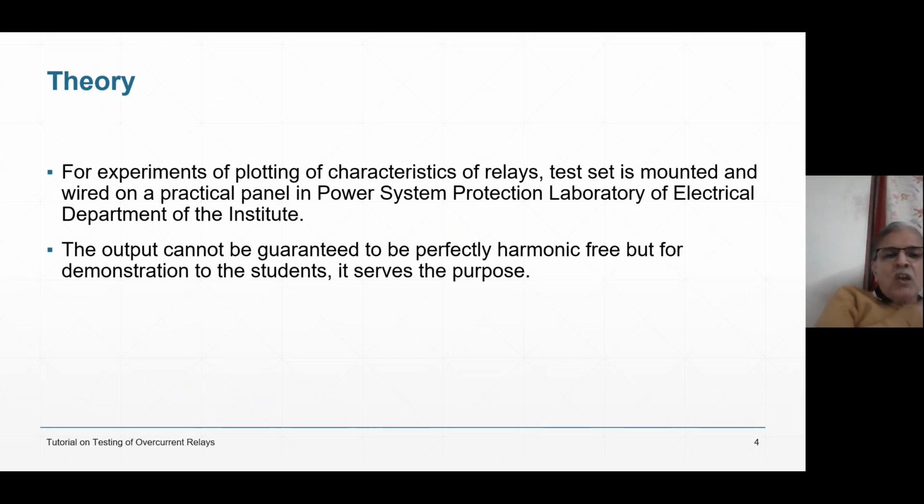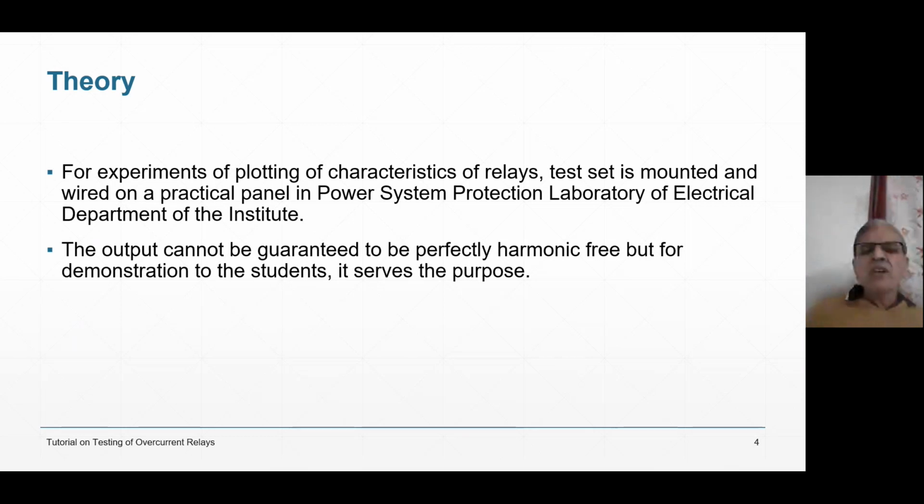Very cheap, very economical, but the output cannot be guaranteed to be perfectly harmonic free. The standard says that the current that you are feeding should be exactly fundamental. Total harmonic distortion, THD, of 3% is allowed. But this test set may give a little more.